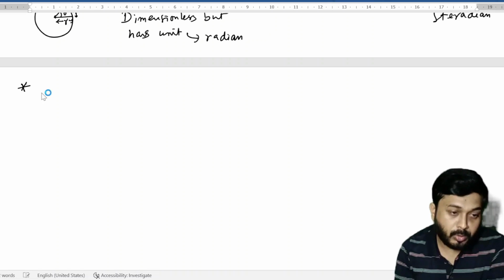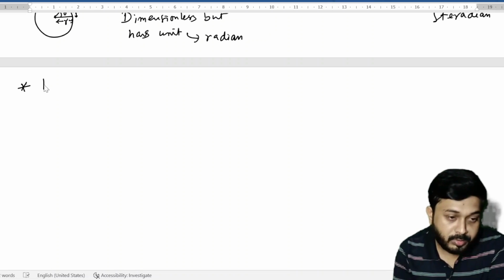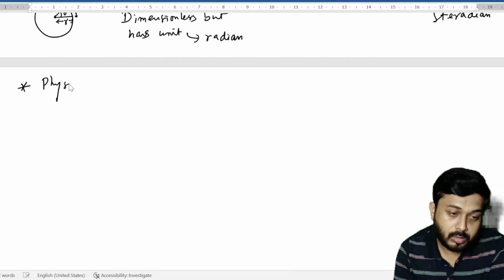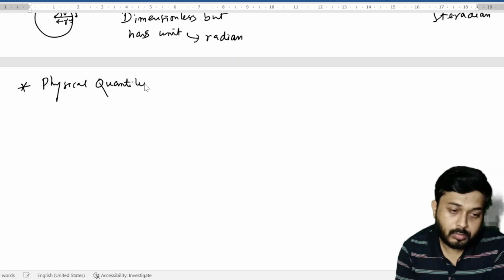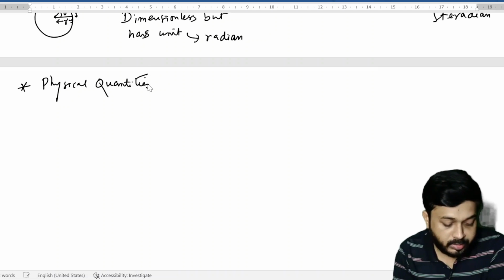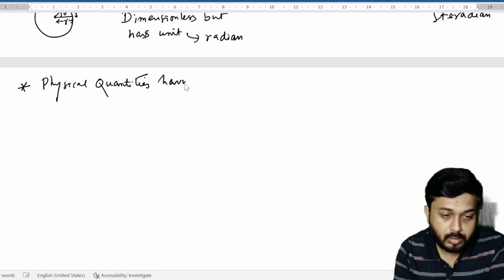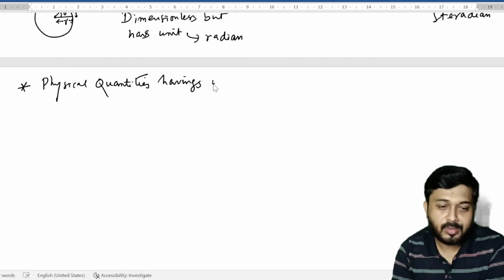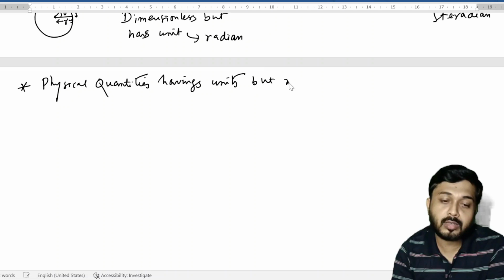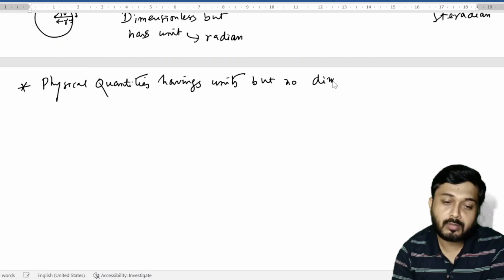So these are two important things. Keep in mind: physical quantities having units but no dimensions.